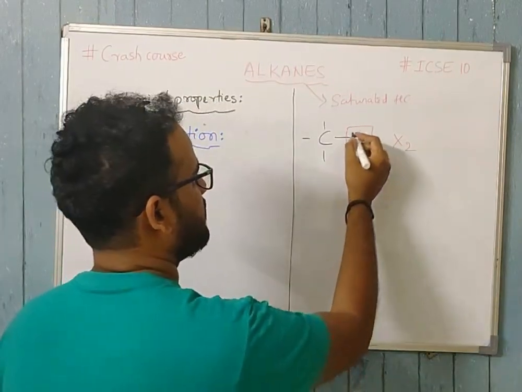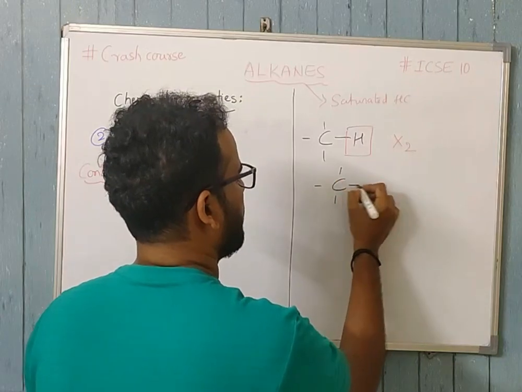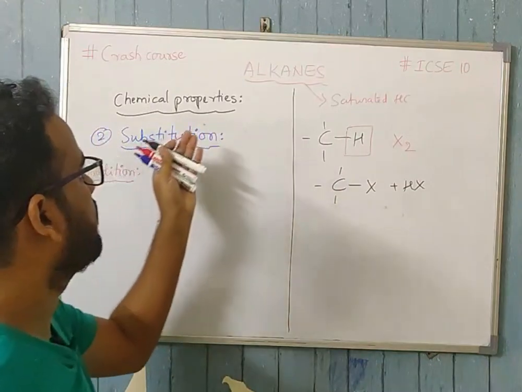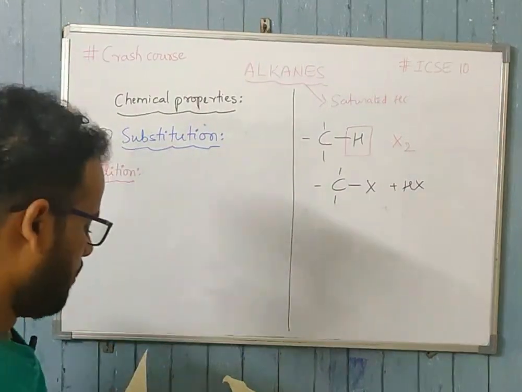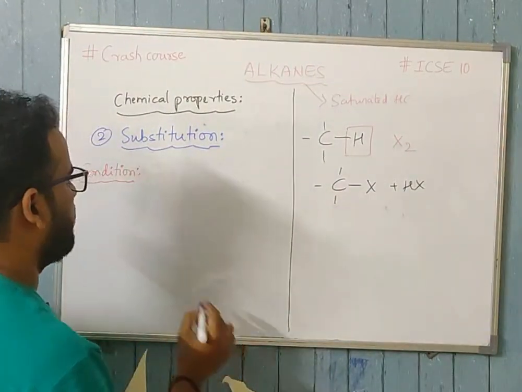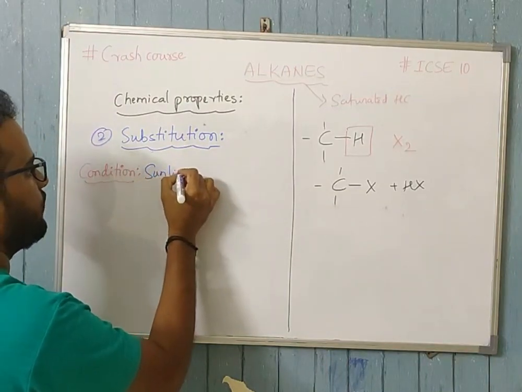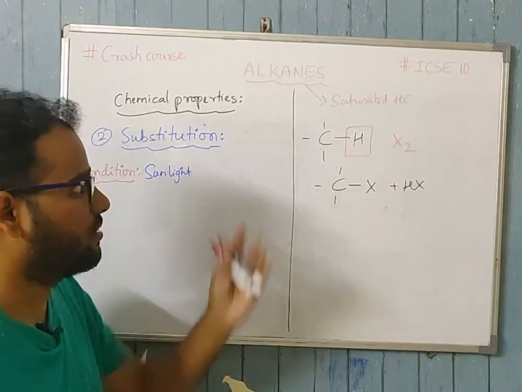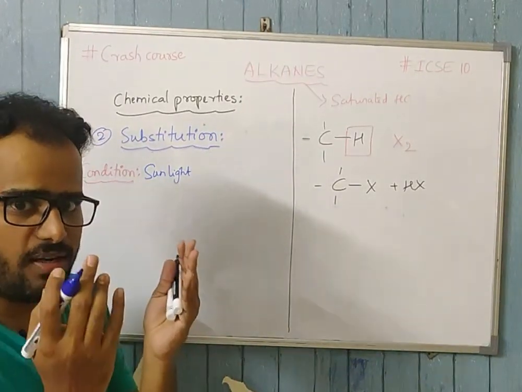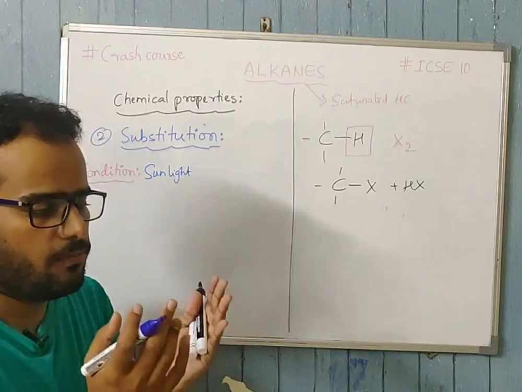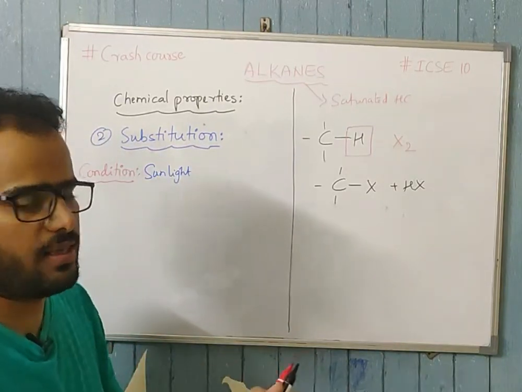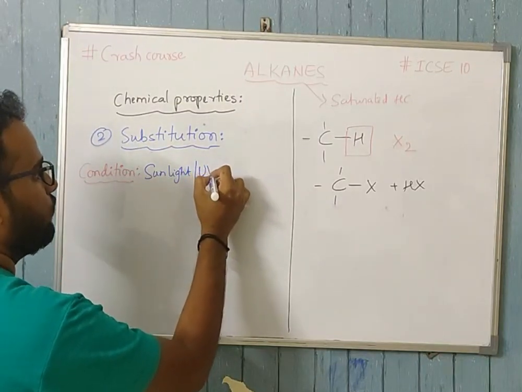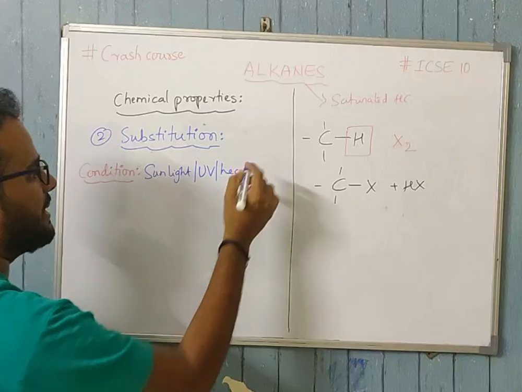Under certain conditions this H is replaced and you get CX plus HX. That's called a substitution reaction. The condition we need here is sunlight. We need a higher amount of energy because saturated hydrocarbons, alkanes, are less reactive. Therefore we need to give the energy in the form of sunlight, UV light, or heat it to a higher temperature.